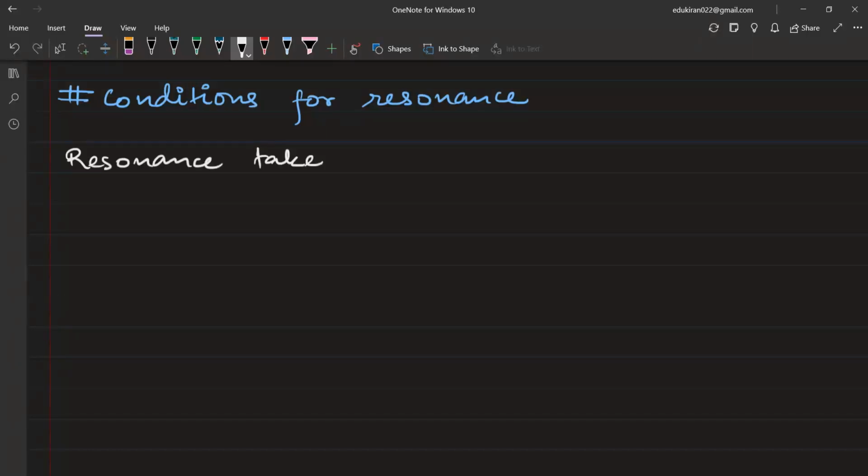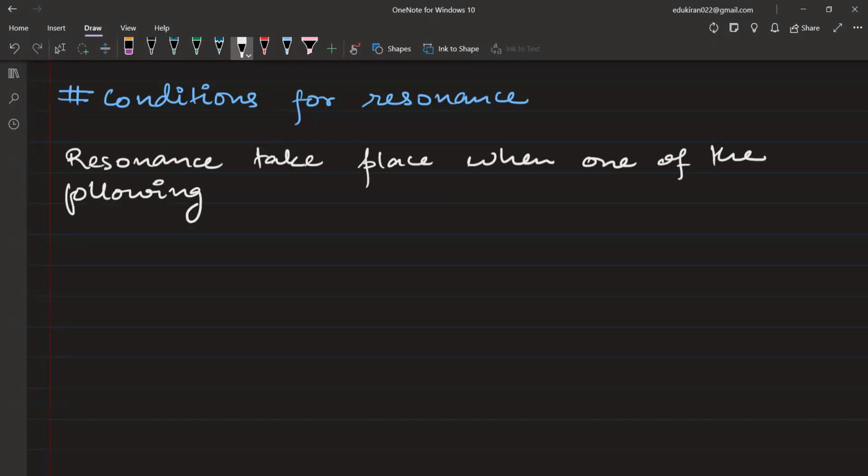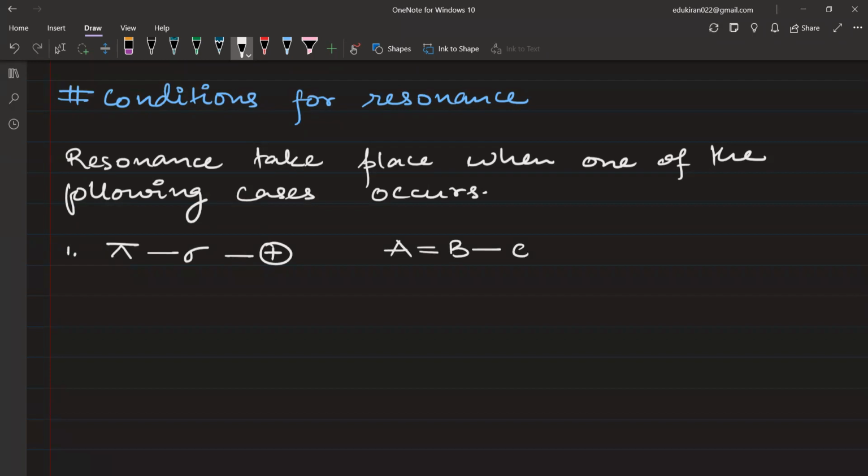Resonance takes place when one of the following cases occurs. Right, number 1. If you have a sequence of bonds in an order of pi, sigma, and then you have a positive charge. For example, A double bond B, single bond C, and C has a positive charge. So pi, sigma, positive charge.